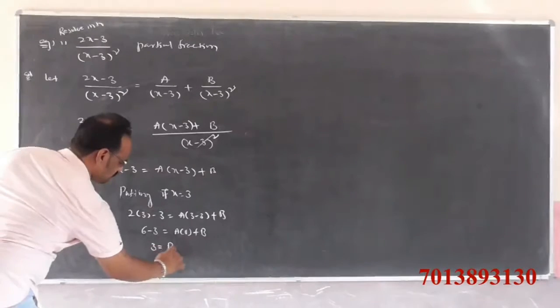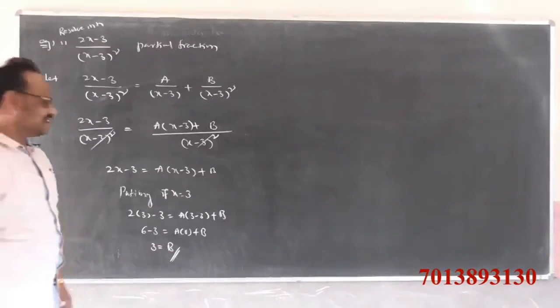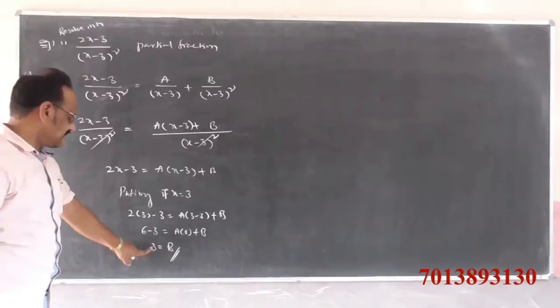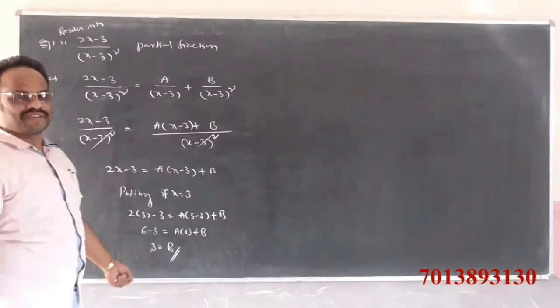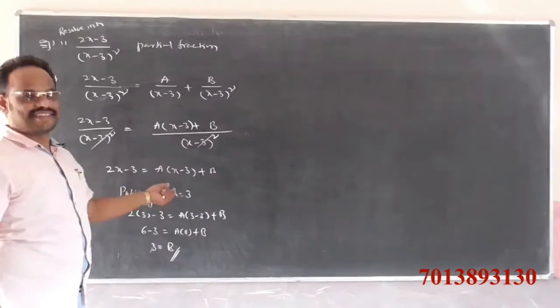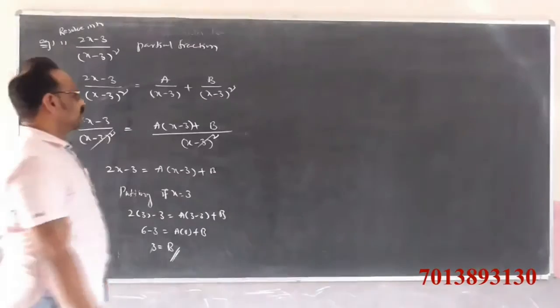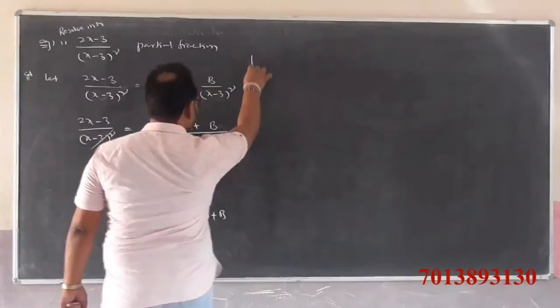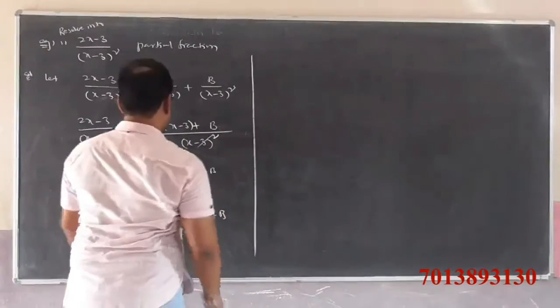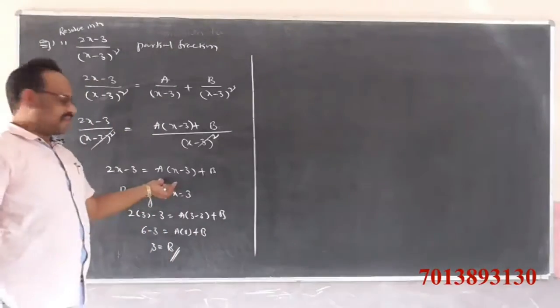So the value of B is 3. Now we want the value of A.